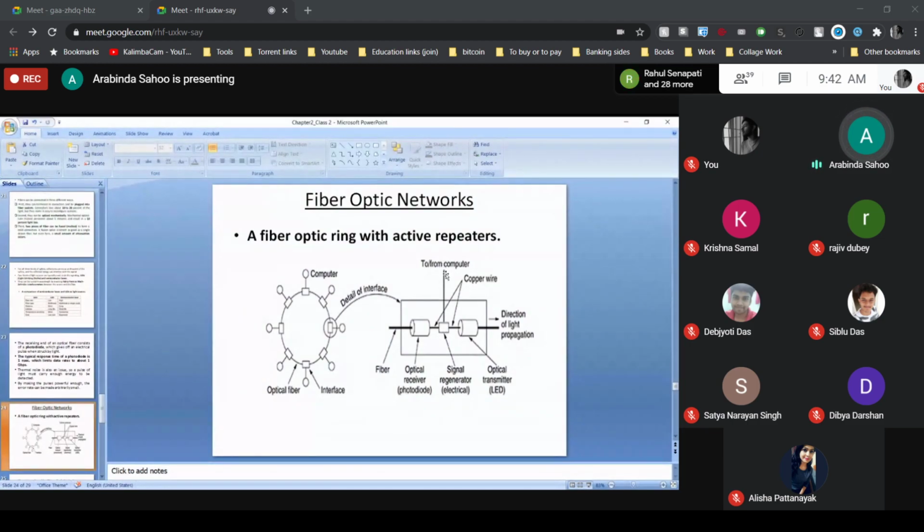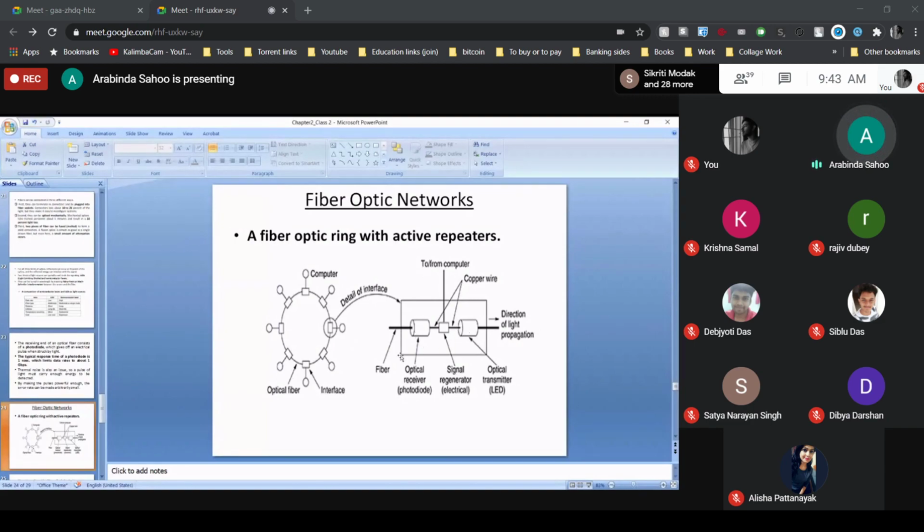Suppose you want to transmit a signal from the computer. It is again connected to this signal regenerator, which converts the electrical pulse to a light pulse, and it is transmitted through this fiber.